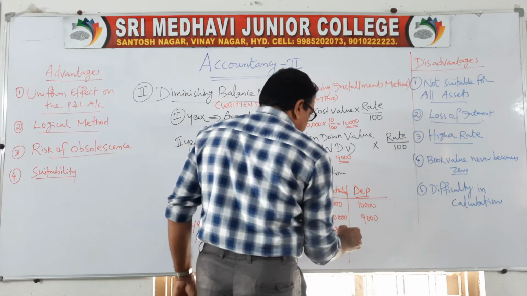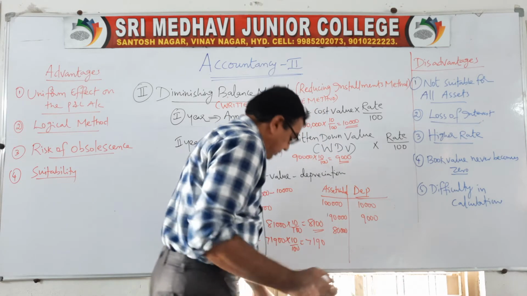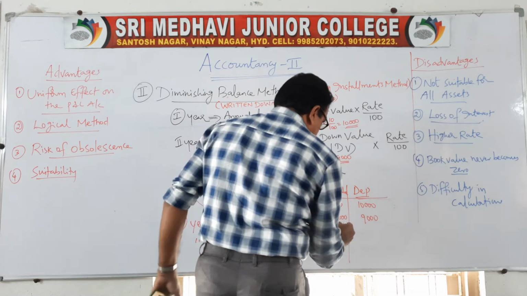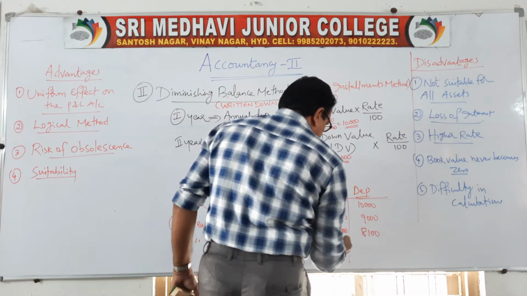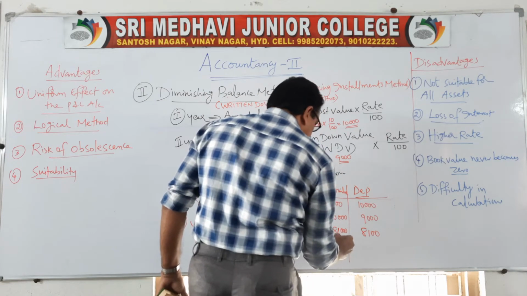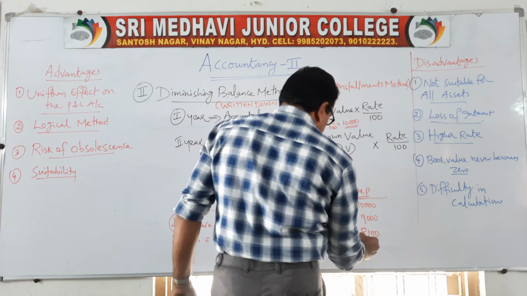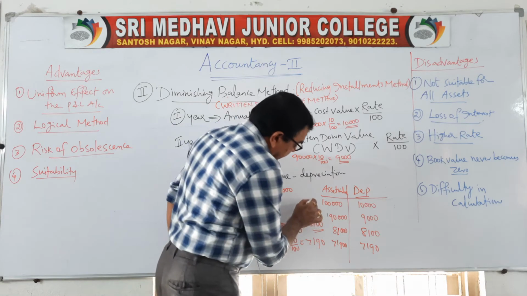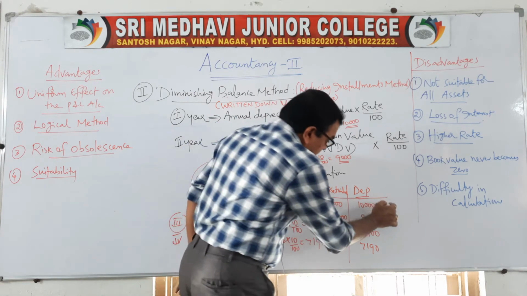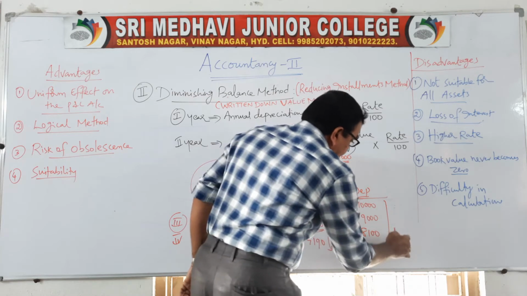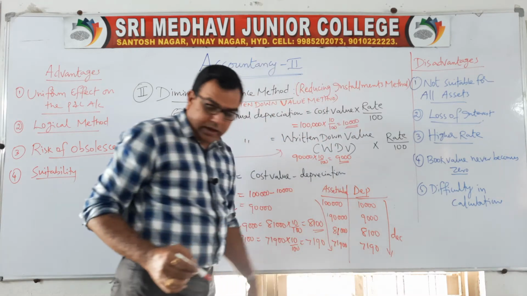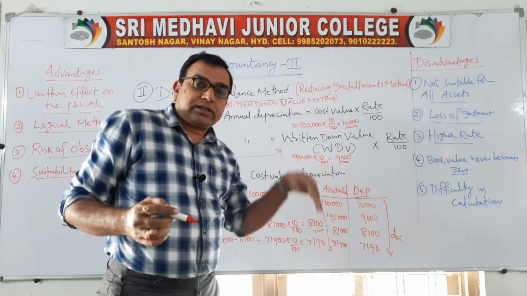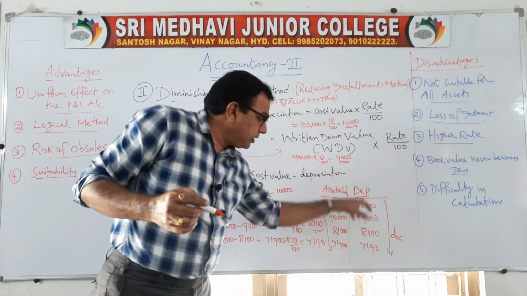Asset value 81,000, depreciation 8,100, asset value 72,900, depreciation 7,290. You can see here, as the asset value is decreasing, the amount of depreciation is also decreasing. The balance is diminishing, meaning it keeps going down. As asset value is decreasing, amount of depreciation is also decreasing.